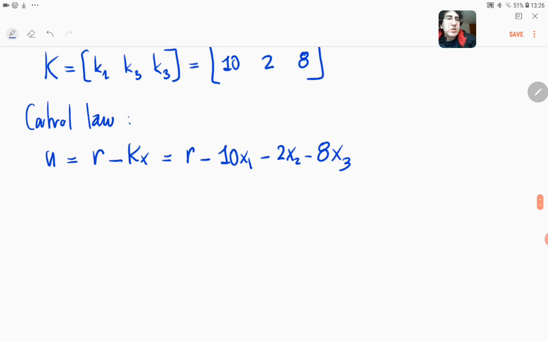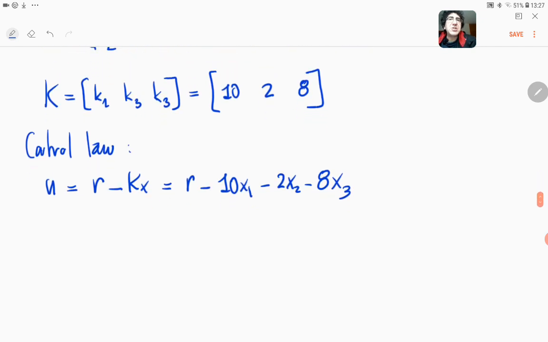Okay, so let me summarize what we have. What we have seen basically is that if you construct a state feedback law, which is U equal to R minus KX, the system's A matrix becomes modified and becomes simply A minus BK. And that changes the location of the closed loop poles. But we can actually calculate what the gains should be, such that the new locations of the closed loop poles match a number of desired locations for those poles.